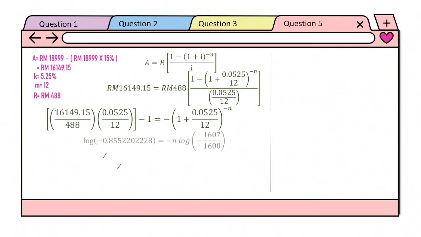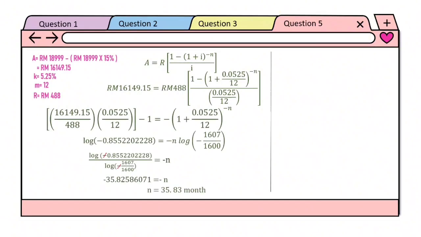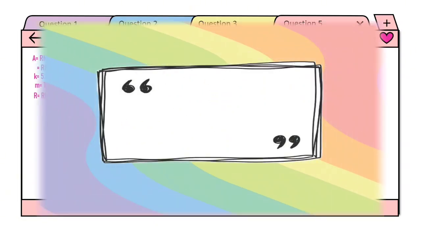The calculation result is approximately 35.83 months. The 36 months we need to divide by 12, and we get the final answer, which is 3 years. That's the final result.